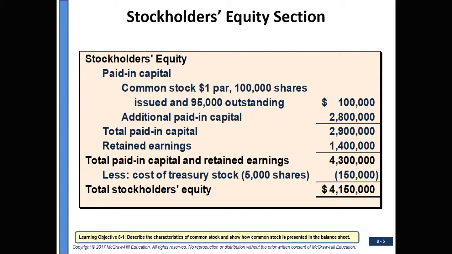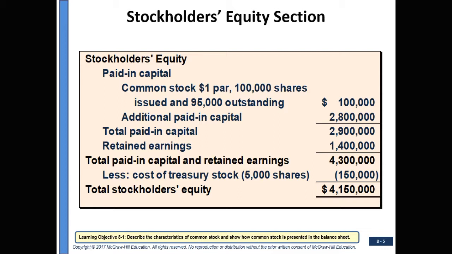So the stockholders' equity section of the balance sheet reports the dollar value of paid-in capital for common stock at $1 par. 100,000 shares issued and 95,000 shares are outstanding.